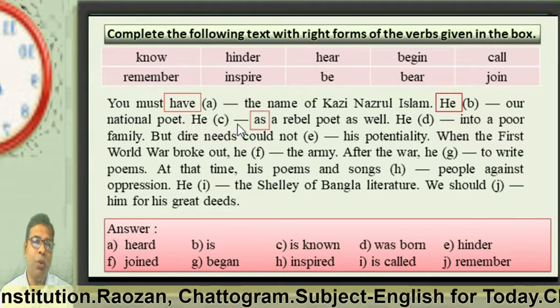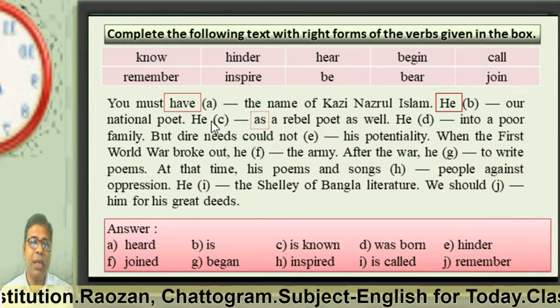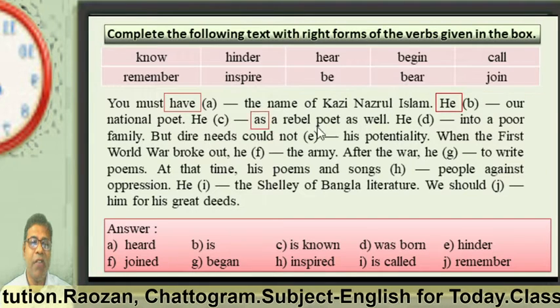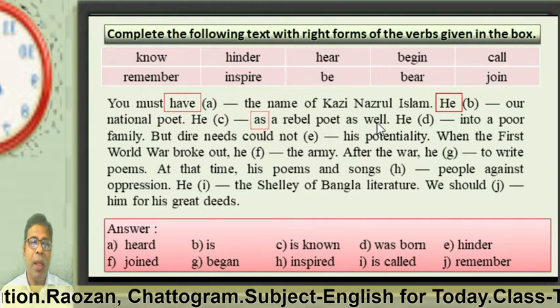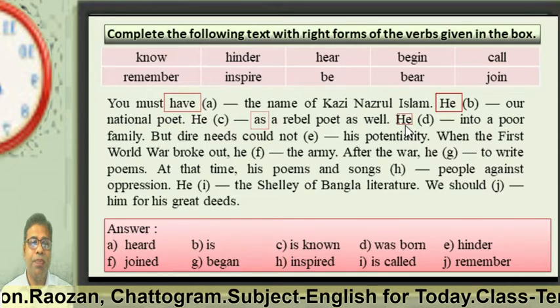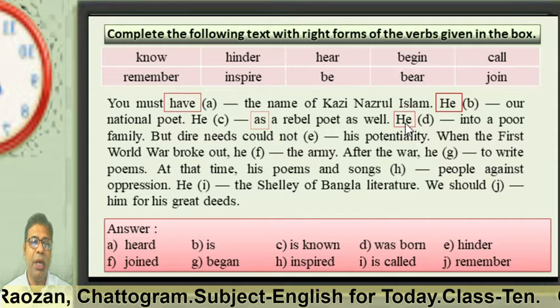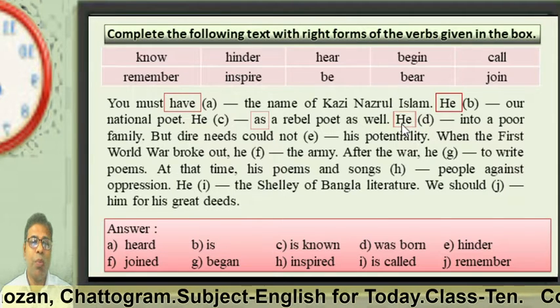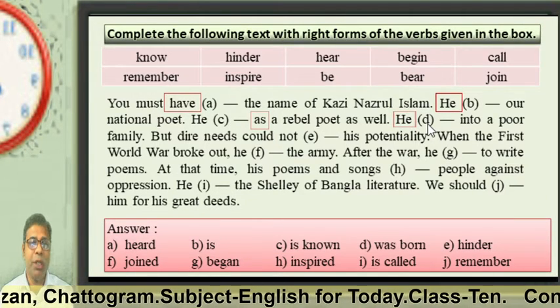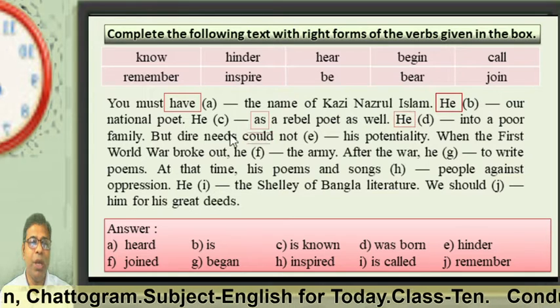That's why this will be passive: he is known as a rebel poet as well. He, third person, dash into a poor family: he was born in a poor family, passive mode.